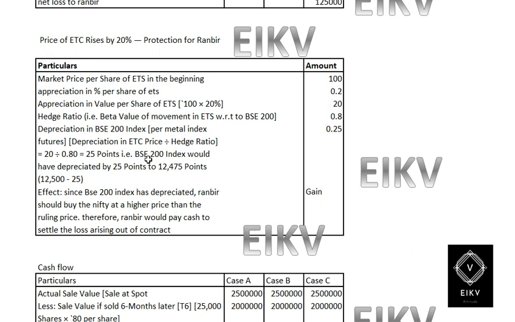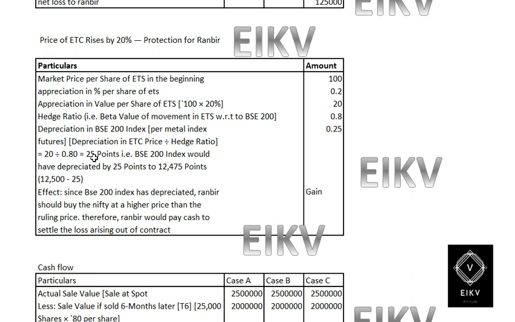So over here it will be a loss in terms of short position, and in terms of future position it will be a gain, which is the depreciation in the future contract.